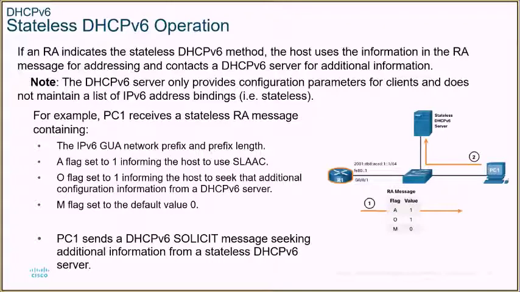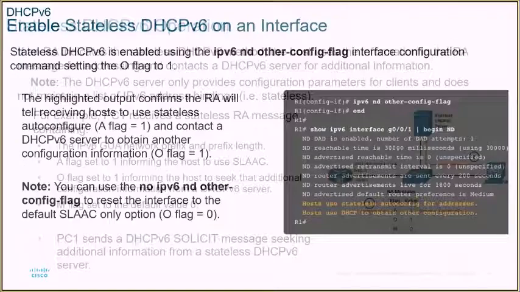So, for example, PC1 receives a stateless RA message containing the IPv6 prefix of the network it belongs to, the A flag set to 1 informing the host to use SLAAC, and the O flag set to 1 informing the host to seek that additional information. Of course, the M flag would be 0. PC1 sends the DHCP solicit message and then gets that extra information using the process we looked at previously.